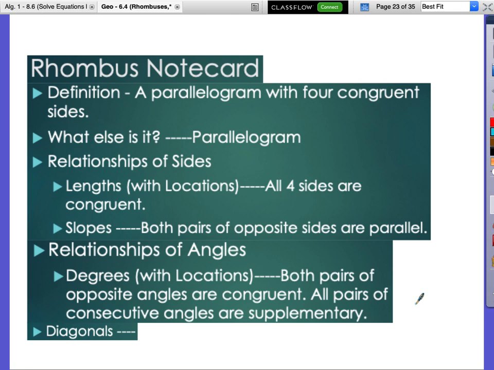Remember, the first one, you can say both pairs of opposite angles, and you can make the congruent symbol. That's all on one line. Second line, instead of all pairs of, you can write any 2. Consecutive, you can make CONS. Angles, once again, symbol, apostrophe S, and something where you just do SUPP. So that shortens that down a whole lot, just using some abbreviations instead.